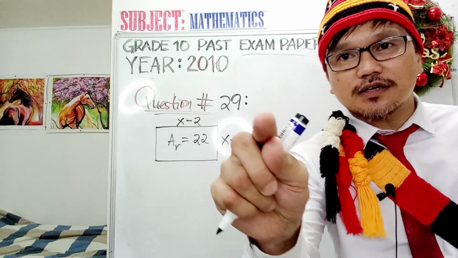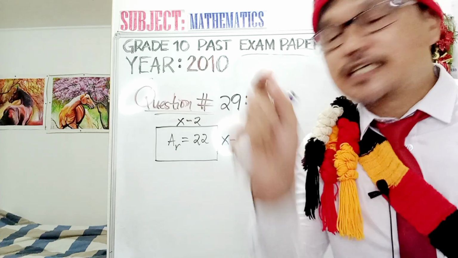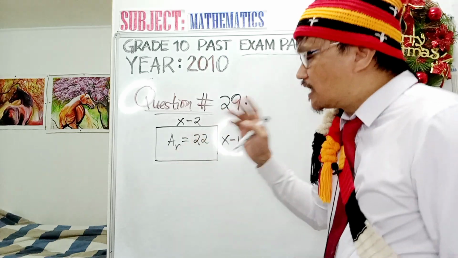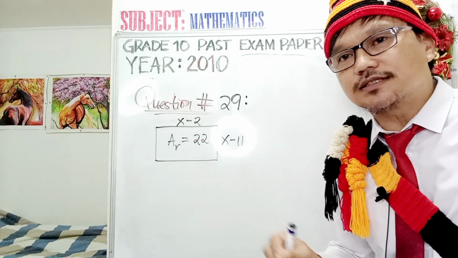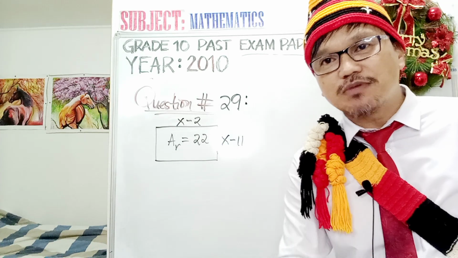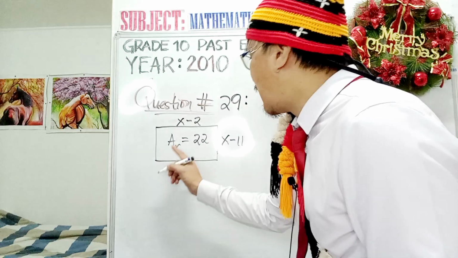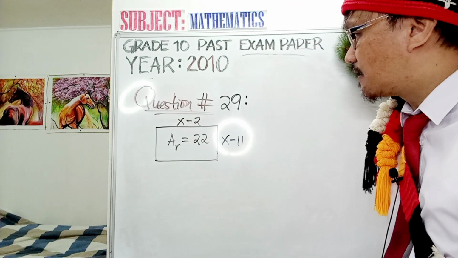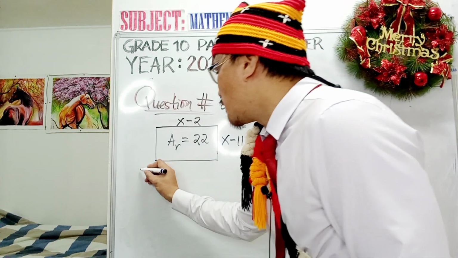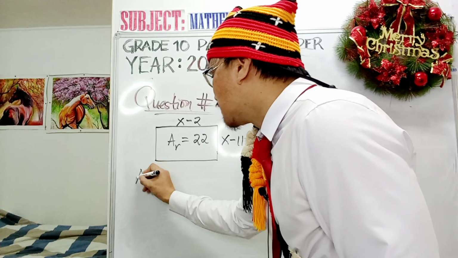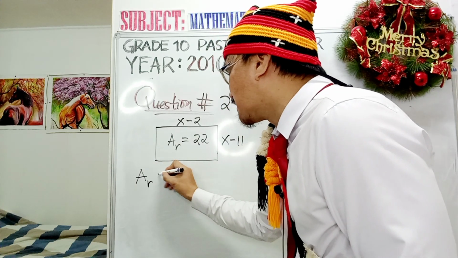Focus on the given, okay? If it's given that the area of the rectangle, then they will definitely be using the area of the rectangle. Now, after you have illustrated the given values here, you will go to the formula of the area of the rectangle.